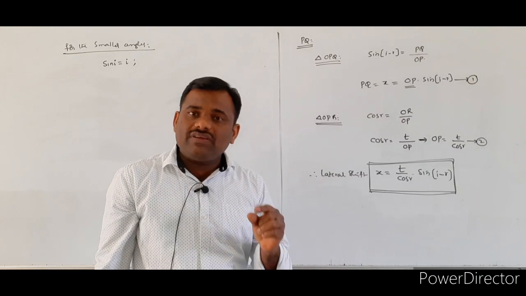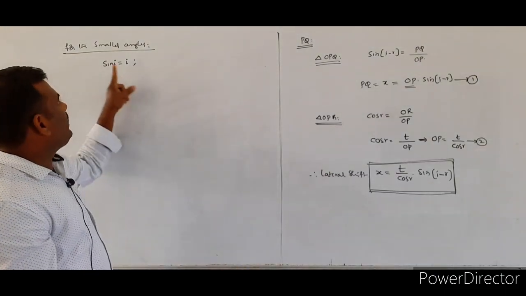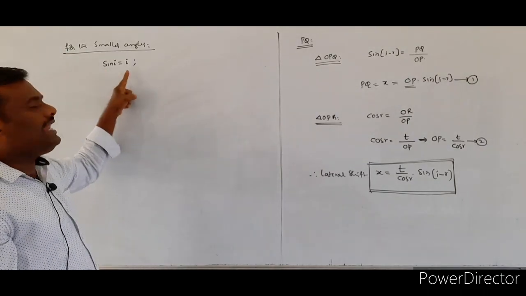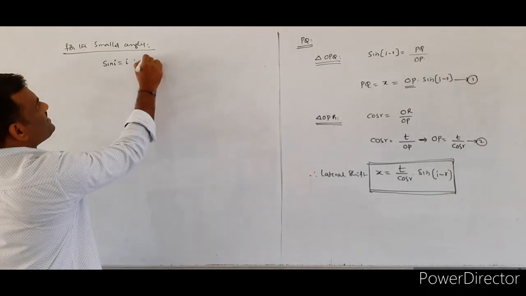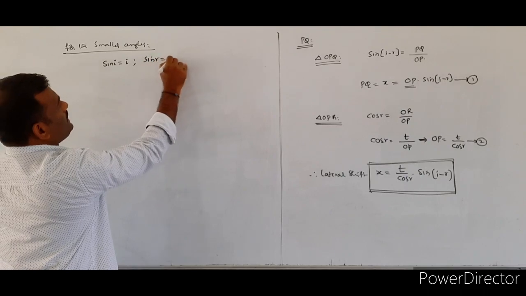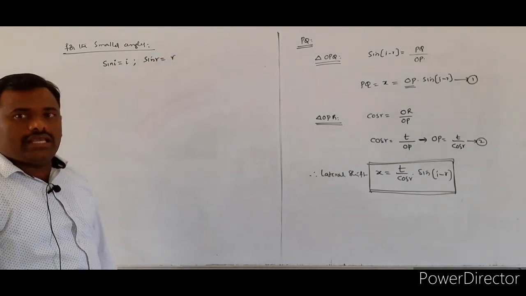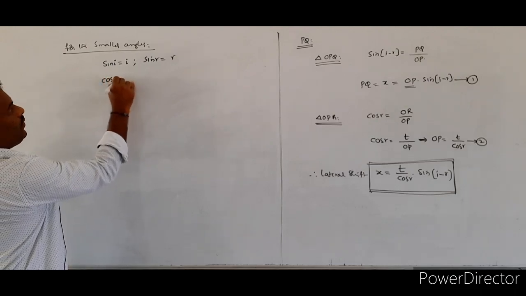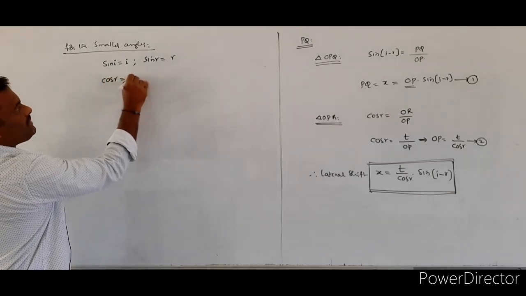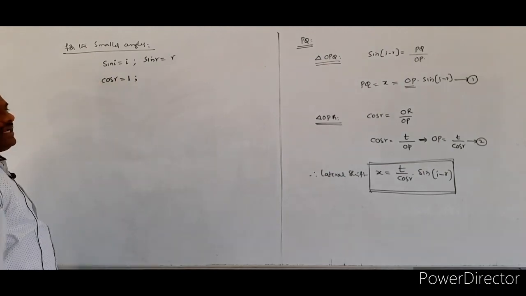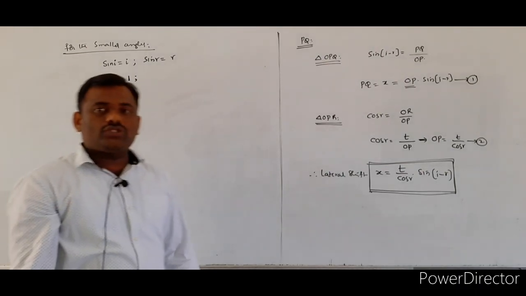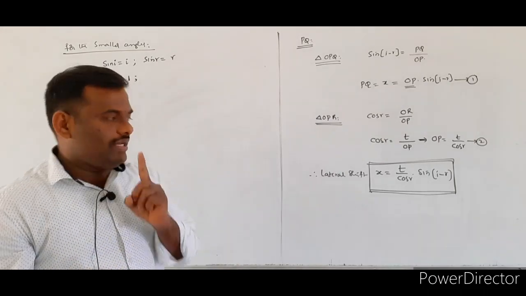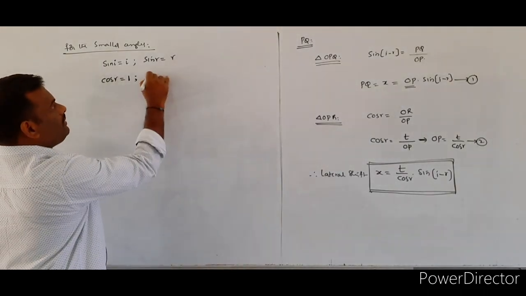So whenever the angles are smaller, sin theta becomes theta. Here I take sin i equal to i and sin r equal to r, and cos r value is equal to 1. For smaller angles, the cos theta value becomes 1.